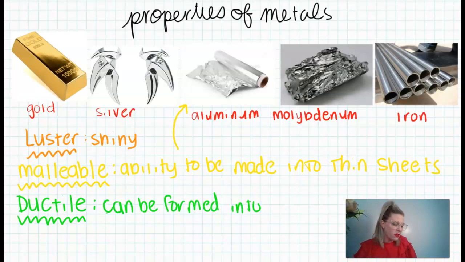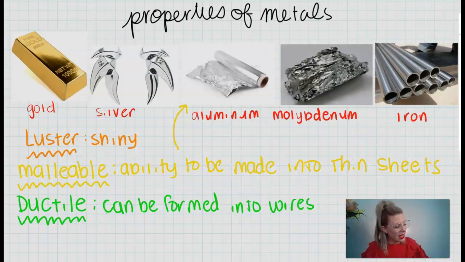Now, not all metals are used in wires because, again, as I mentioned, we do have varying properties of metals, and so some of them are better to form into wires, some of them are not as good. For example, I would probably not create an aluminum wire, and I would probably not create an iron thin sheet. So they have the ability to do this, but it's more about the practicality of some of this too and the other properties that they have.